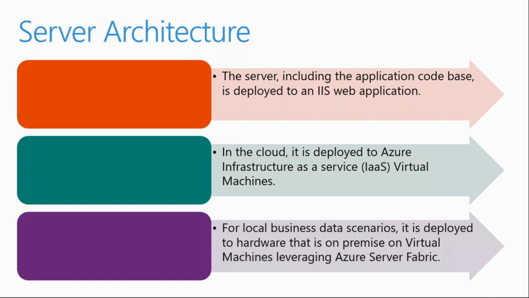Next is the local business data scenario. The first step is for the developers actually. The server is first deployed in the local IaaS web application. What we are going to see in our demo is this first approach, because we are not putting it in the cloud. And the last one is the on-premise version. The on-premise version is still in the picture.